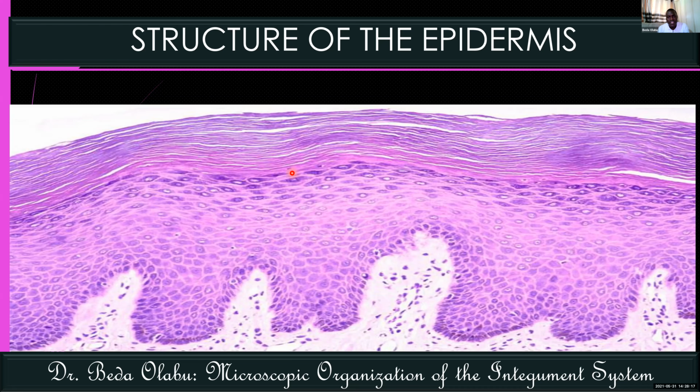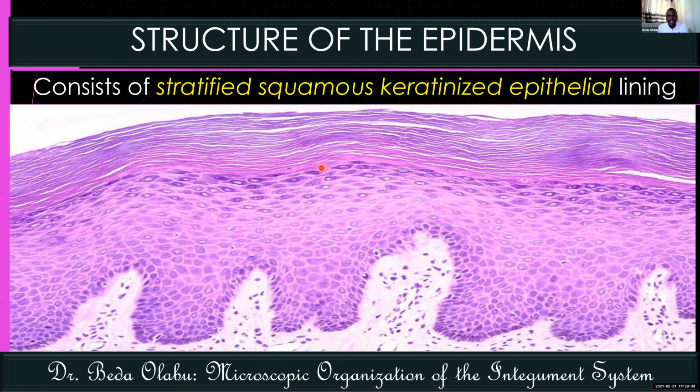The epidermis is the one that is exposed to the most friction, so it has another layer on top of it, a layer of keratin. This variant of stratified squamous epithelium is simply known as stratified squamous keratinized epithelium. I hope you remember the other two variants of stratified squamous epithelium. So the epidermis is stratified squamous keratinized epithelium.